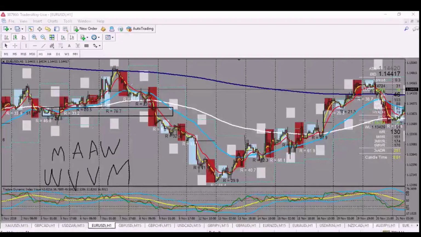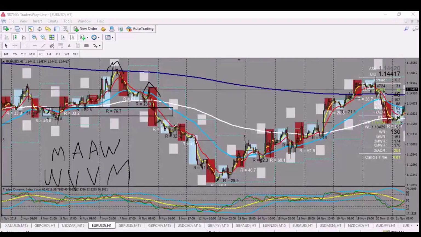So what I mean by this is that for the M formation, there is an M in here. If you go on the 15-minute time frame, there is an M in here at our peak formation. Then what you expect is a stop hunt high drop, which is our A, right?